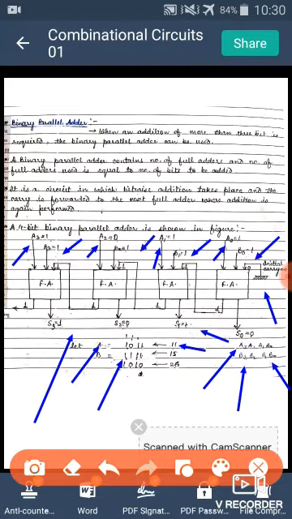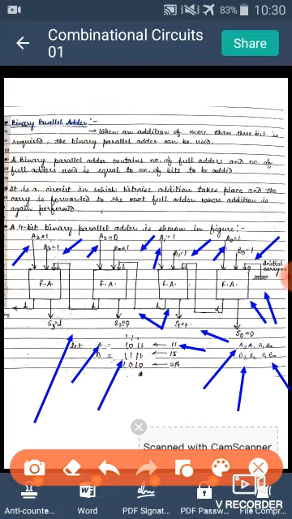Like this full adder, we are having output as 0 and the carry is forwarded to this second full adder. Here again there is a sum S1 and the carry is forwarded to the next full adder circuit.